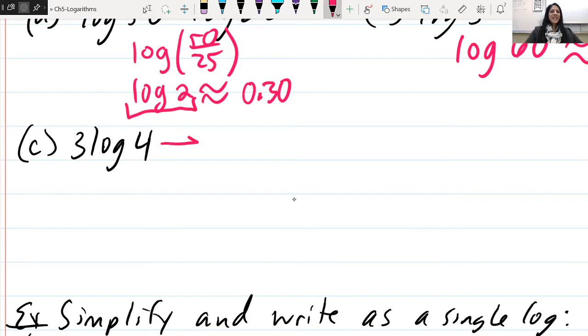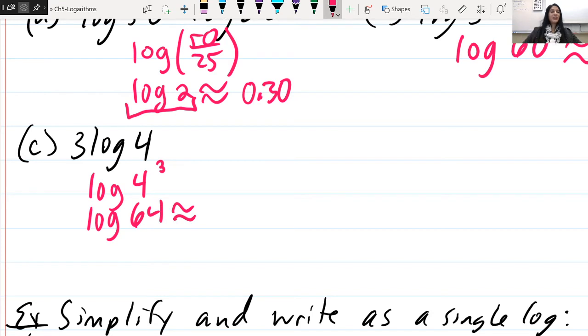How about C? Looks a little bit different. What is this the same thing as? Log 4 to the power of 3. And what is 4 to the power of 3? So basically, we just want to punch in log 64 into our calculator. Good? And what approximately is that equal to? 1.81.